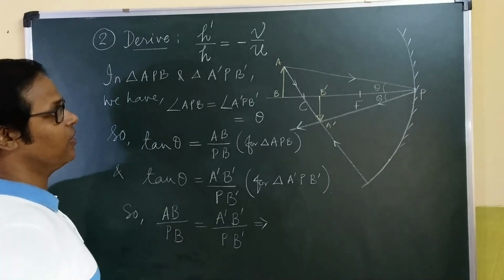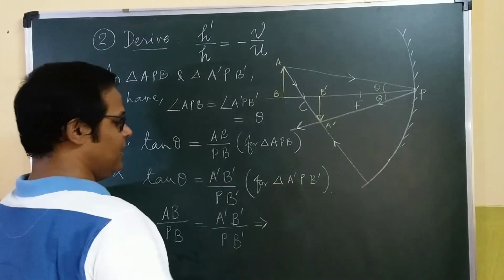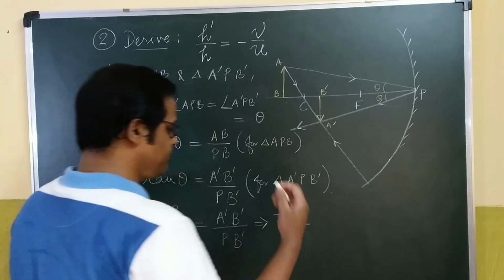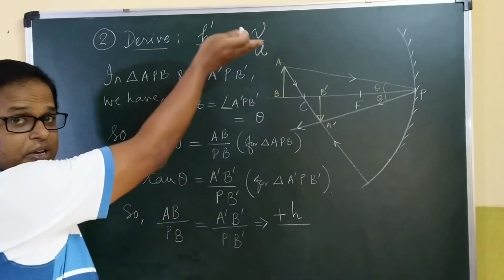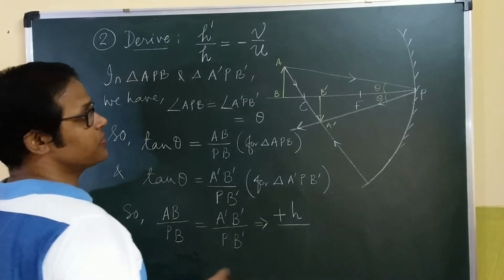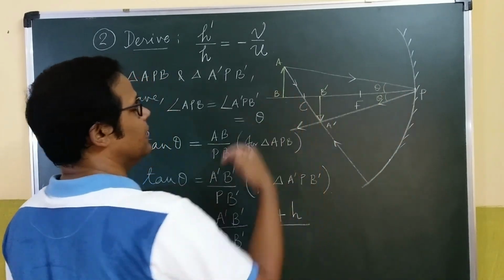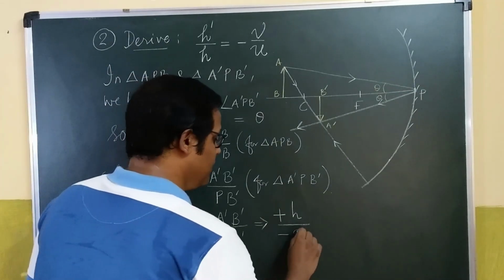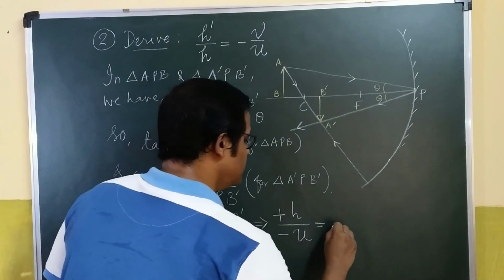What is AB? Observe it closely. AB is the height of the object. Should we be coming with plus h because it is measured above the principal axis? What is PB? Observe PB. It has to be the object distance. So the sign has to be minus u.